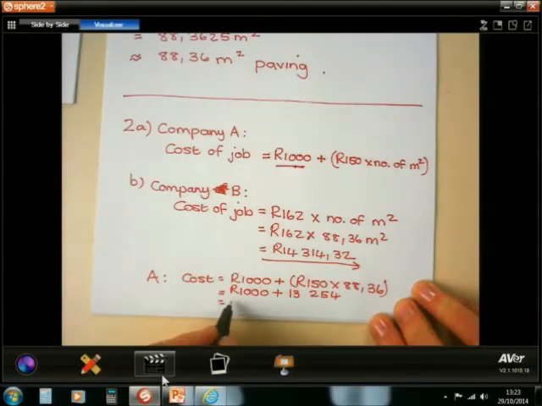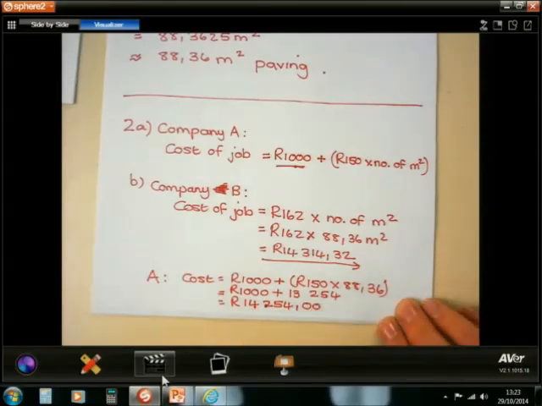And if we add that, we're going to get 14,254 Rand. Now notice, even although it's got no cents, we still have to write the two zeros. You must do that, otherwise you might lose marks in the exams. You must put these two digits after the comma, because it's money. Always with money, we've got to show the cents as well, even if it's 0,00.